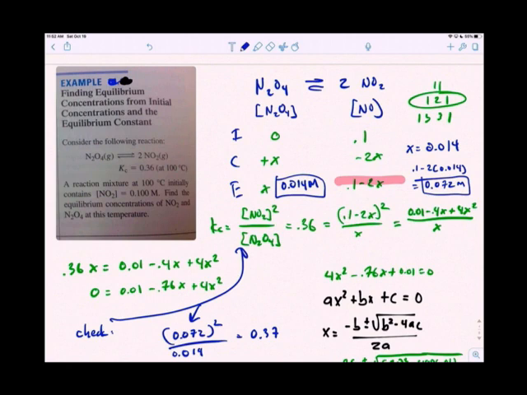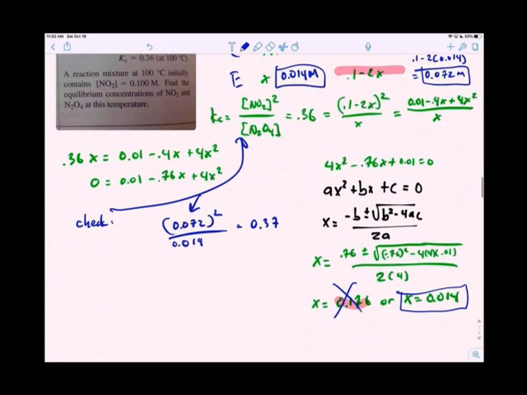We write our Kc expression. It's the concentration of the NO2 squared over the concentration of N2O4. We know that equals 0.36. So we plug in the values using our ICE chart. Then we solve, we FOIL it and rearrange it, and using the quadratic equation, we get our extent of reaction is either 0.176 or 0.014.